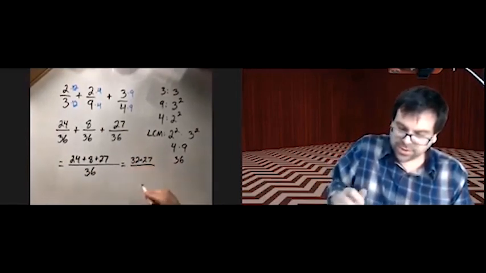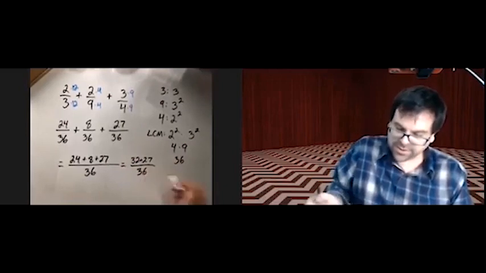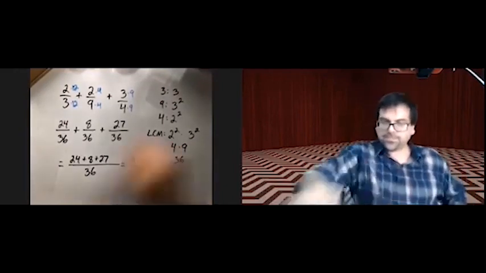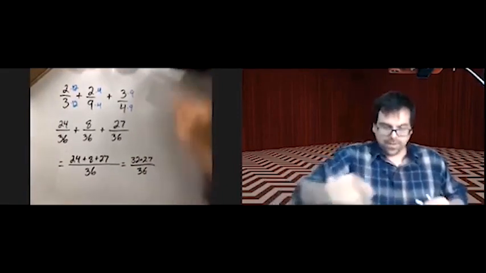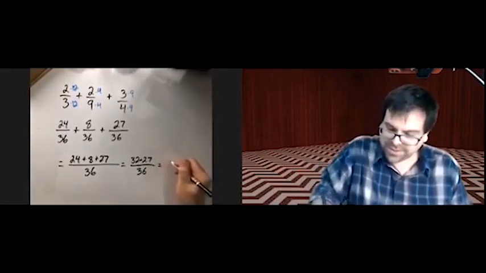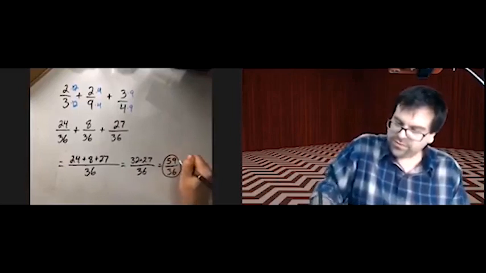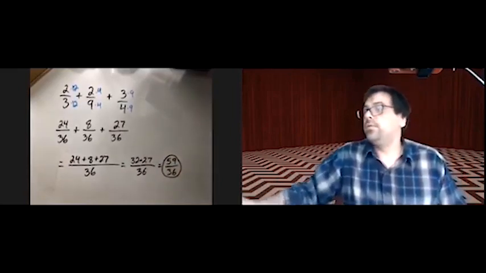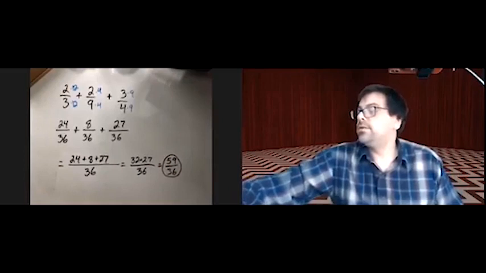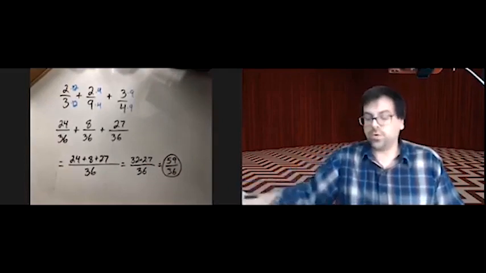So 32 plus 27 all over 36. 32 plus 27 is 59. So 59 over 36, which is accepted.